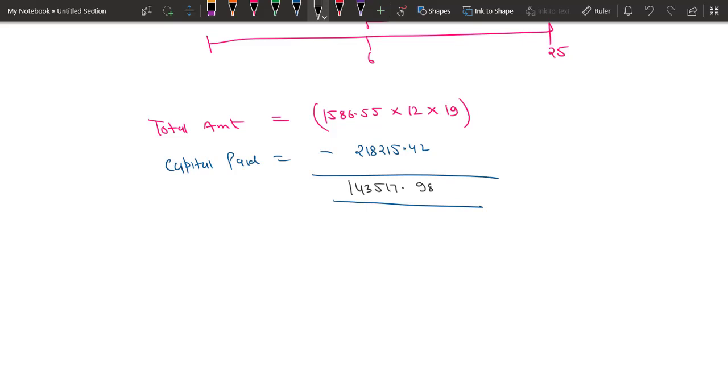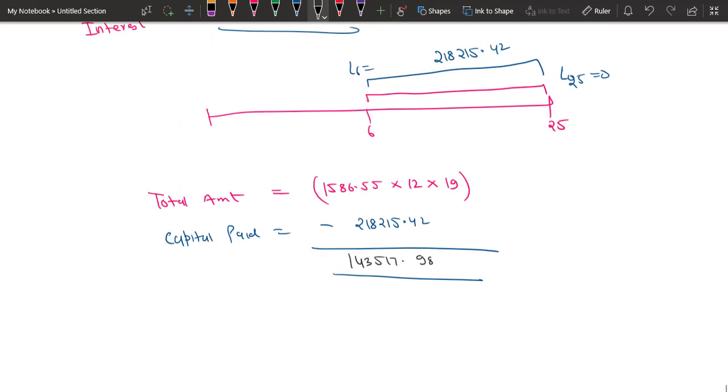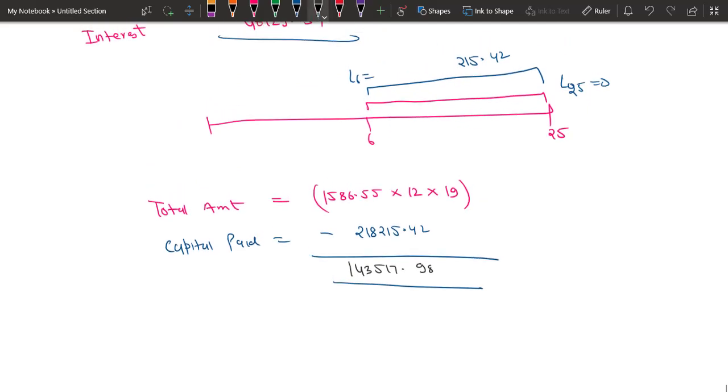So if you were still paying 1586 at the end of every month, then your loan would end at time 25, because you are paying slowly, so your loan would take 25 years to complete. That means 19 years from time 6, and you will end up paying an interest of 1,43,517.